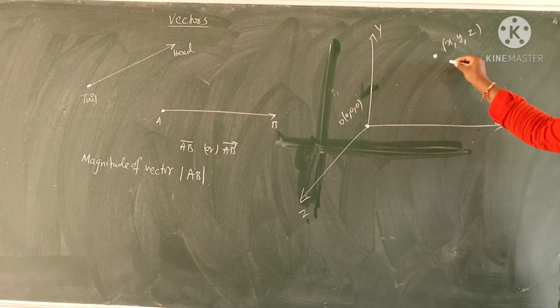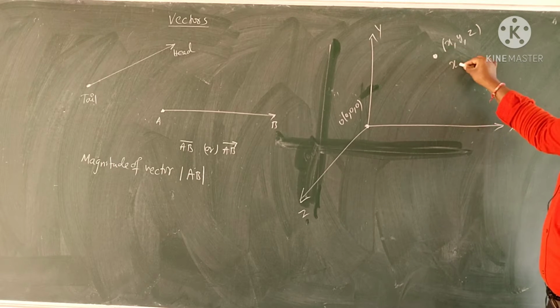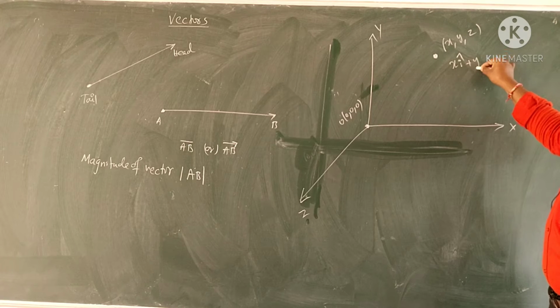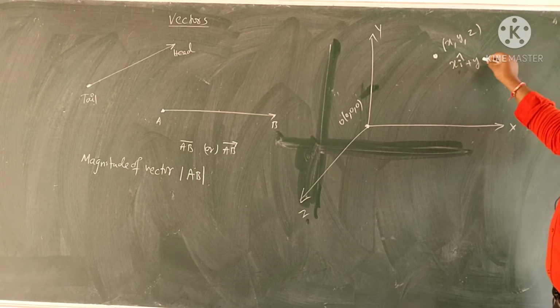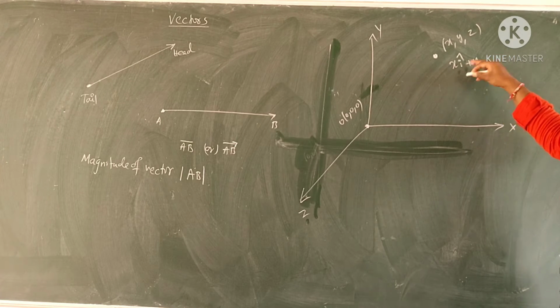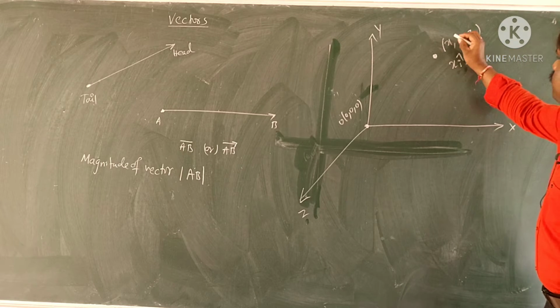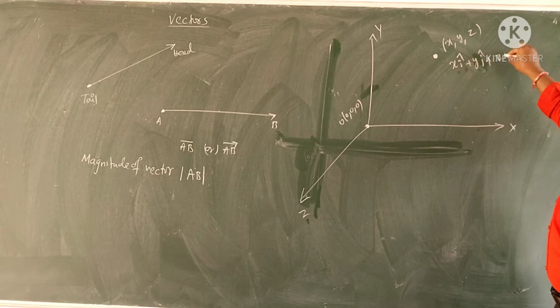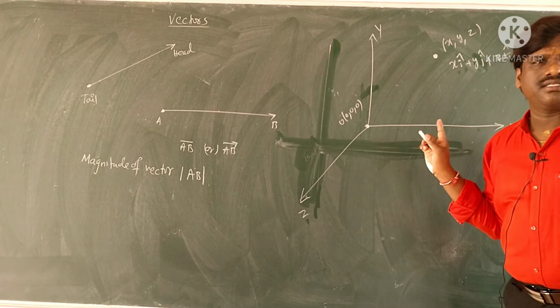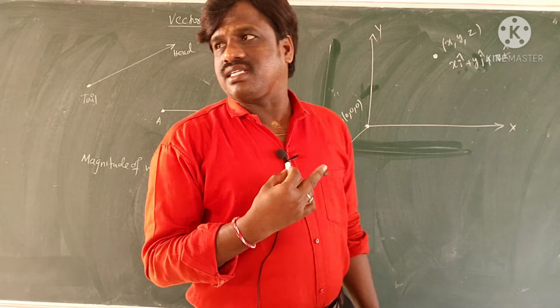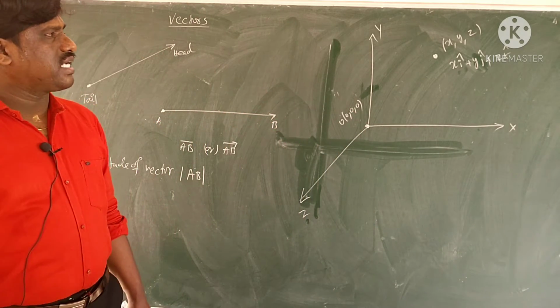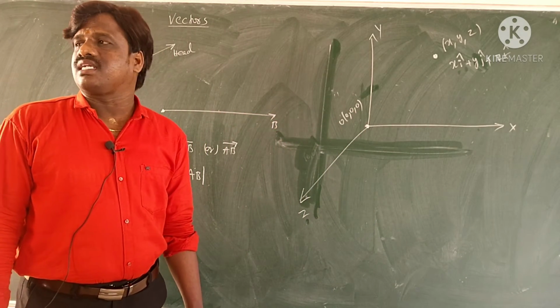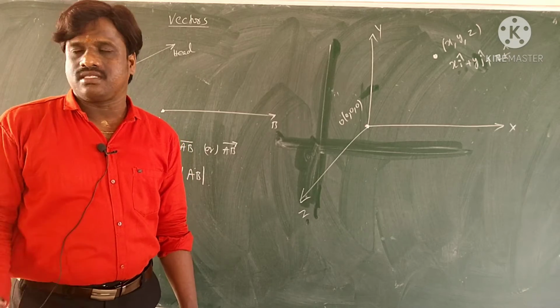So this vector can be represented as x i cap plus y j cap plus z k cap. We represent a vector like this.